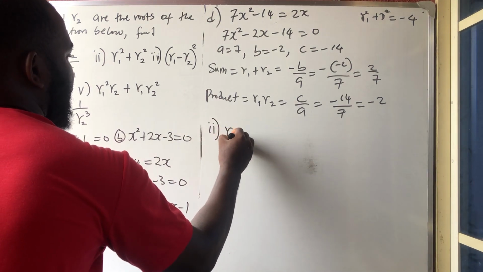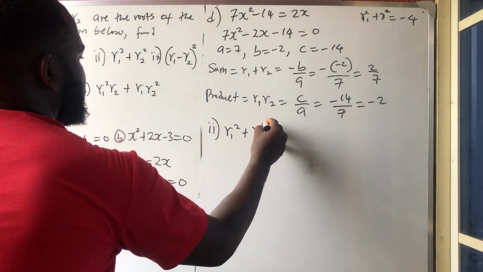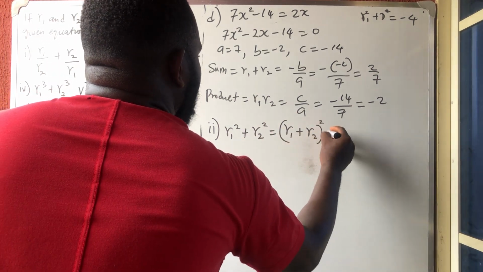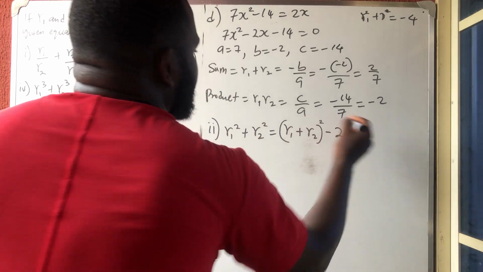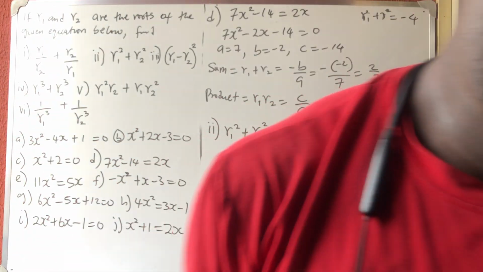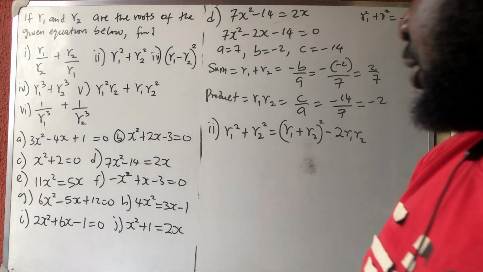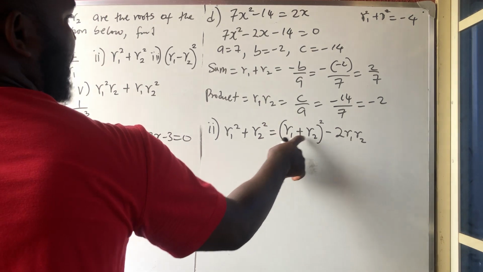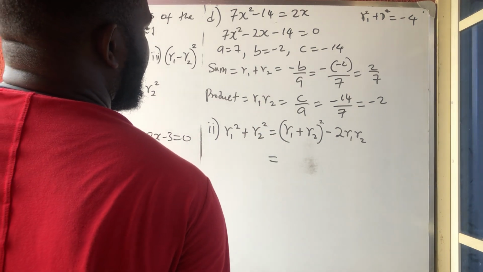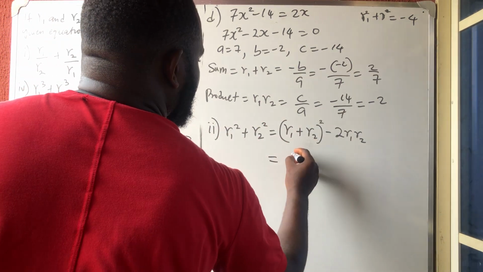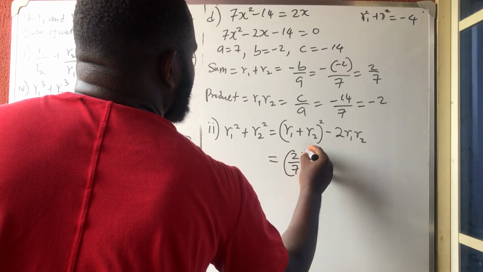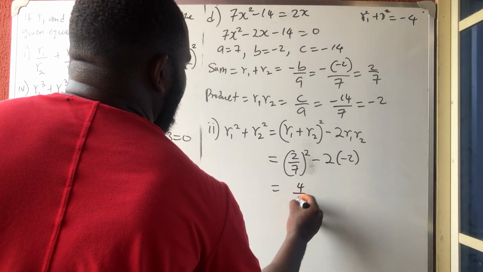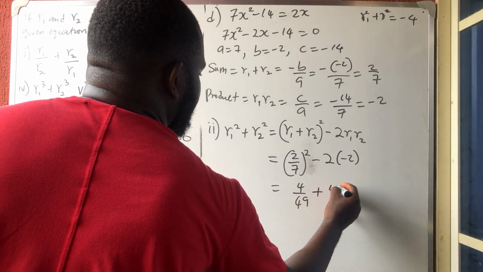My II said R1 squared plus what? R2 squared, which is what? R1 plus R2 all squared minus 2 R1 R2. Okay, so what do you have now? I'm having that this is equal to R1 plus R2 gave me 2 over 7 all squared minus 2 into minus 2. So I'm having what? 4 over 49 plus 4 over 1.